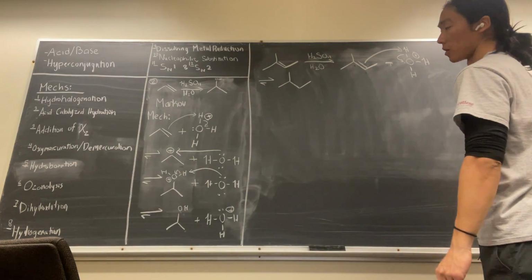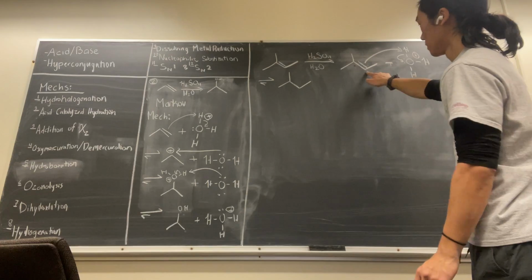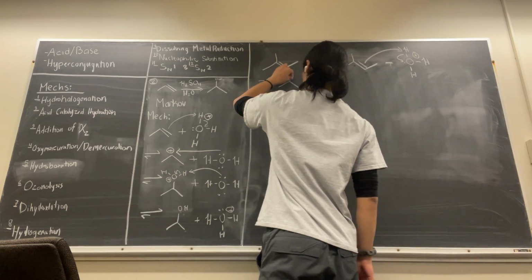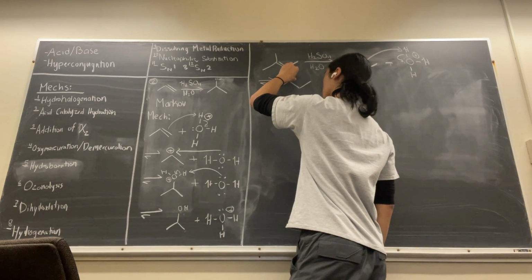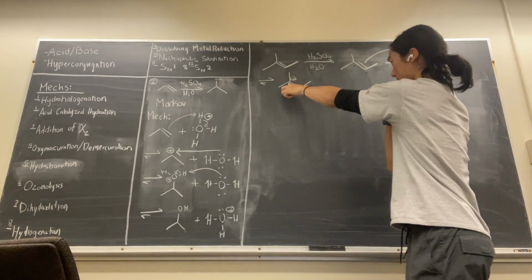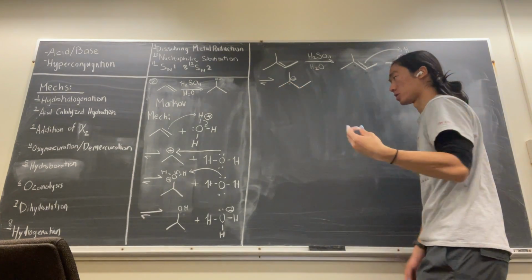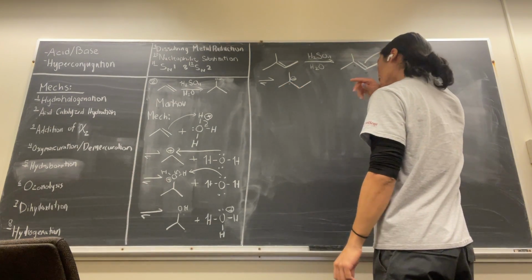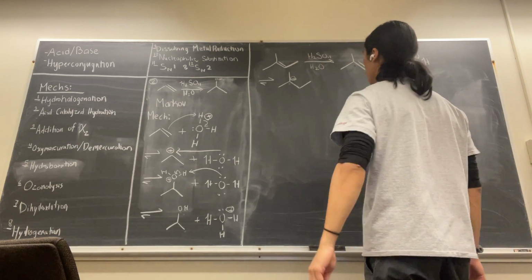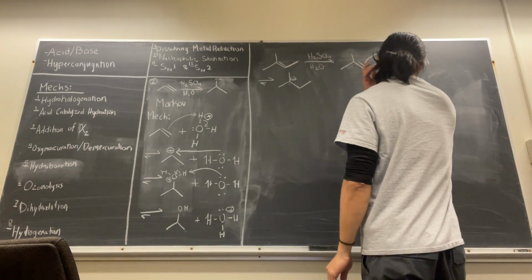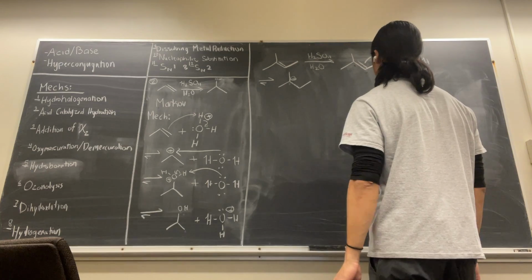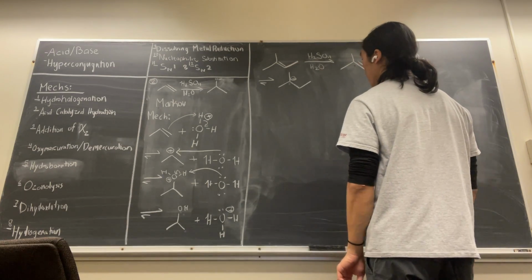So this is our carbon again. The hydrogen's going to go to this one. So we're going to have a positive charge right here on this carbon. So your tertiary carbocation, which is the most stable once again. Empty p orbitals basically just get filled by bonds.